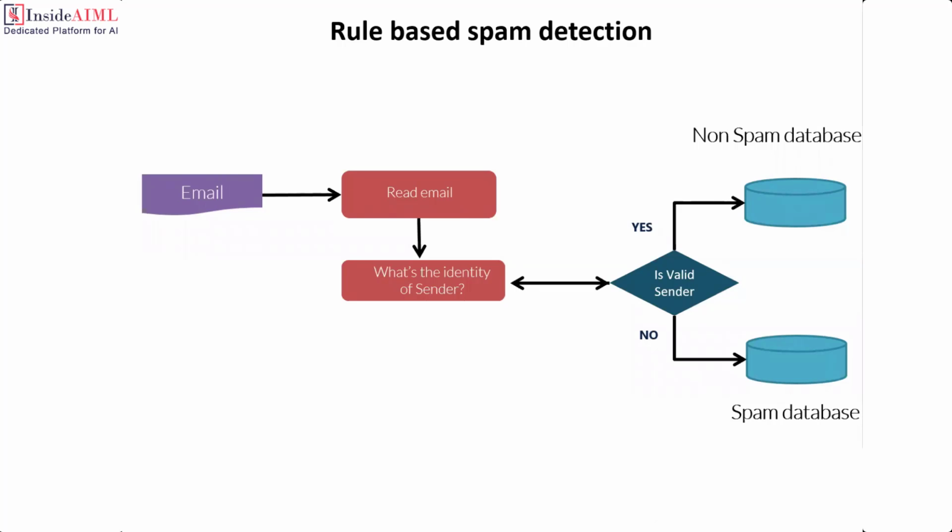The rules will be like, if the subject of the content has some miscellaneous words, then we'll take it as spam. If the body is talking about some credit card offer or something like that, we can take it as spam. If the sender of that mail is from a specific organization or domain, then we will take it as spam. So we'll write multiple rules.